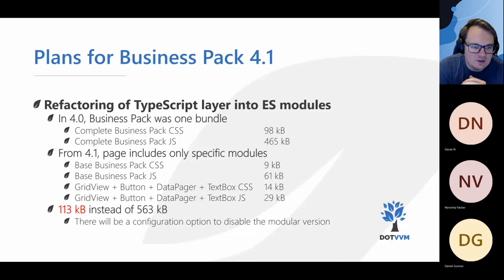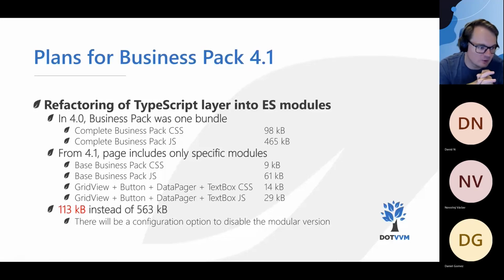So in BusinessPack 4.0, I've measured it on one of the demos. There were like 100 kilobytes of CSS and almost 500 kilobytes of JavaScript, because it was the entire BusinessPack, all the code base. And also BusinessPack is still using jQuery, which we want to avoid.